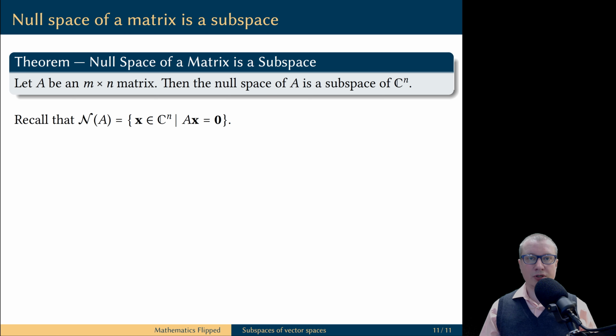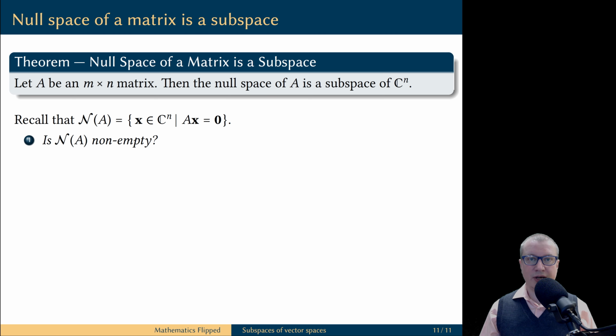It is the set of all solutions to the homogeneous linear system with the matrix as the coefficient matrix. And with the tool of matrix multiplication, we can write linear systems using matrix vector products and vector equalities. Therefore, the null space of a matrix A consists of all column vectors x such that matrix A multiplied by the vector x is equal to the zero vector.